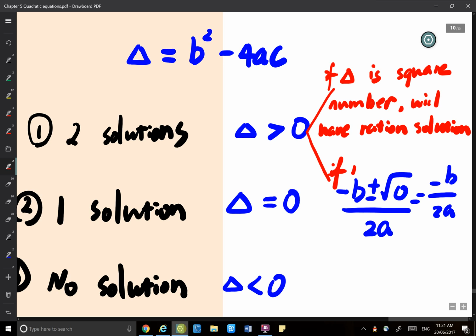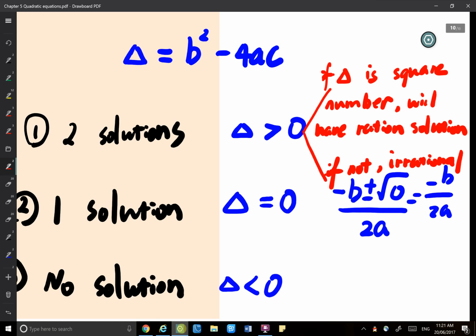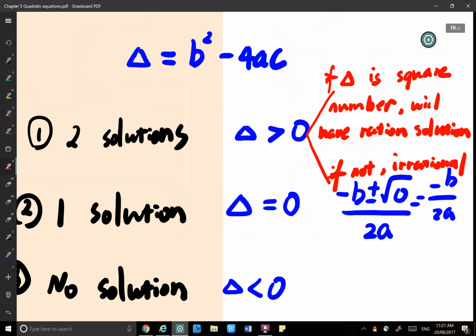If not, irrational. So if it's not square numbers, then irrational solutions. So the third depends whether it is a rational or irrational number. If the discriminant is a square number, then you can get rid of the square root and you will have rational solutions. Otherwise, you have irrational solutions.